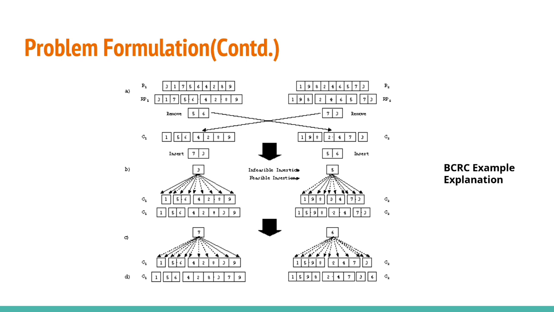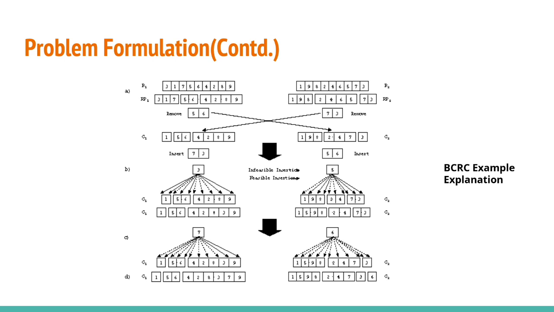So we will select one, like 3, and insert it at every possible position in the route, and see which is the best optimal position for it. Then we will also insert 7 in the same fashion, at every possible place, and see which is the best possible place for it. So it will generate a child c1, and the same operation will be repeated for parent 2 also. 5 and 6 have to be inserted, so we first insert 5 at the best possible position, and then we insert 6 at the best possible position, and we generate c2 also.